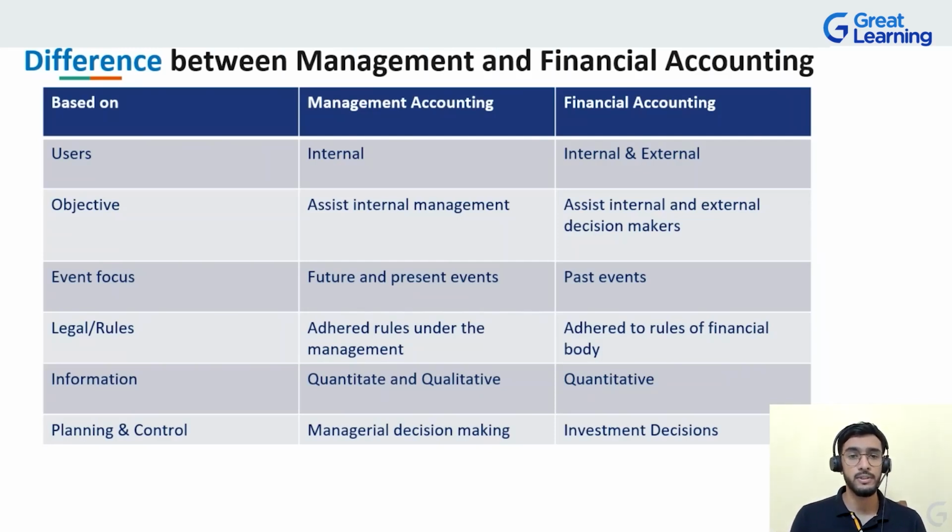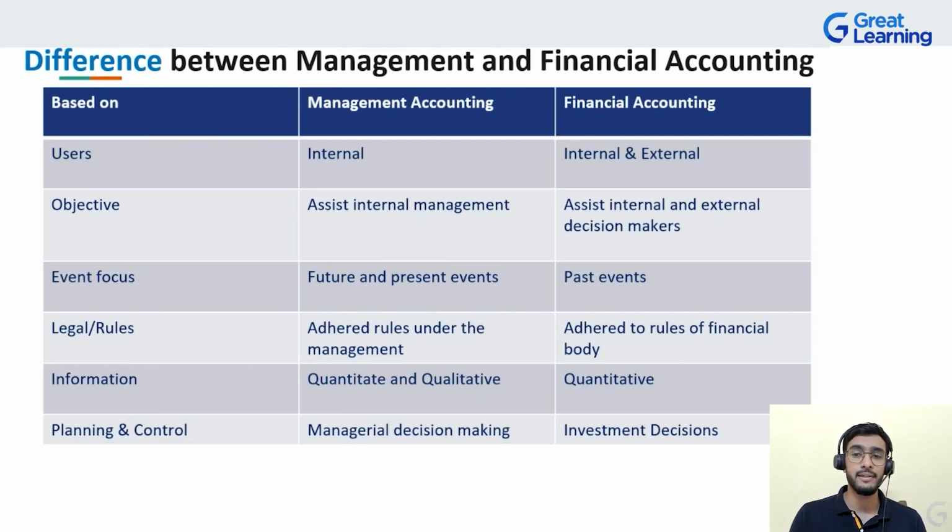So the objective is assisting the internal management. A management accountant forecasts different kinds of data which help the management make future decisions regarding future expansions, etc. The management accountant also shows alternate courses of action, the pros and cons of each course of action they choose. That's how the management accountant assists the internal management.